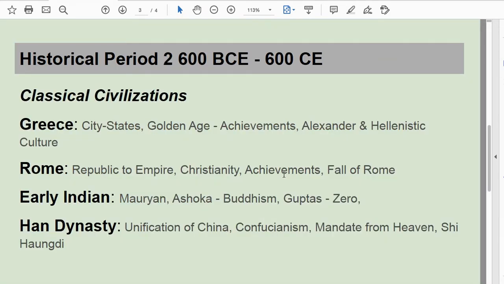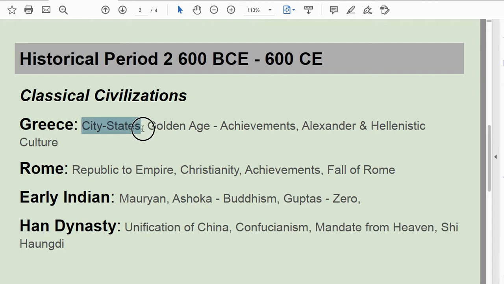So here are the 4 different river valleys. Our first assignment this week will be about an introduction to classical civilizations, where we will study about the Greeks, the Romans, the early Indian empires, and the Han Dynasty over there in China. Along the way, we will study the basic ideas, and I've tried to list them out here.